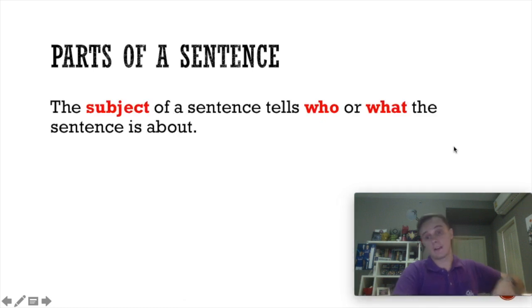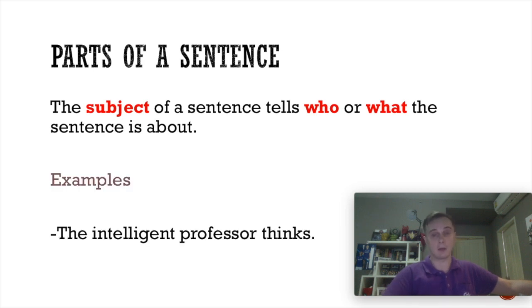The subject of a sentence tells who or what the sentence is about. So, I'm going to give you some sentences, and you are going to think to yourselves what the subject is. So who, what person, or what, a place, a thing, or an animal, who or what are these sentences telling you about?